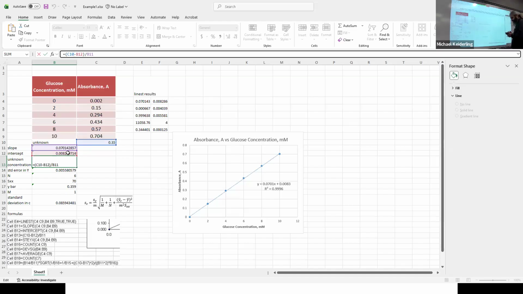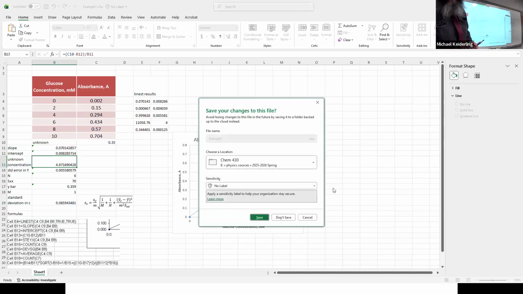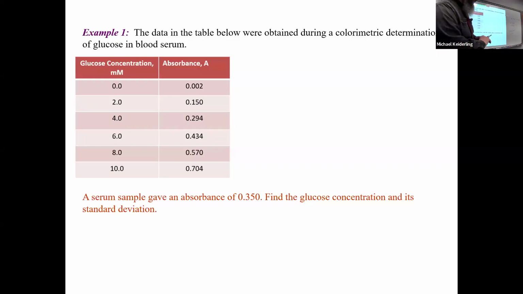So yes, okay, so it's 4.87 millimolar. It should be minus, because you're subtracting the 0.0083. Stupid sign errors.